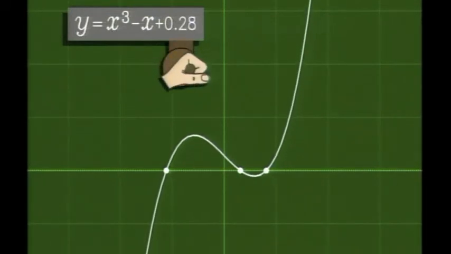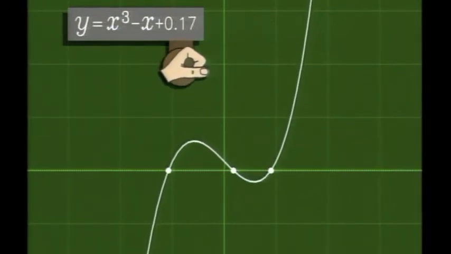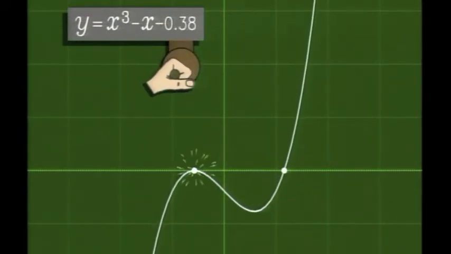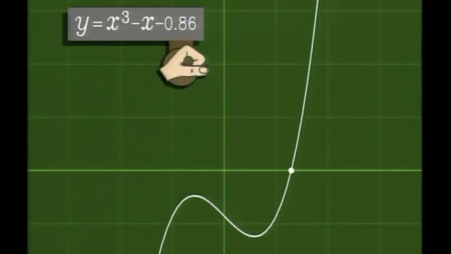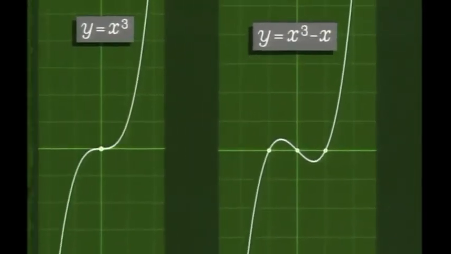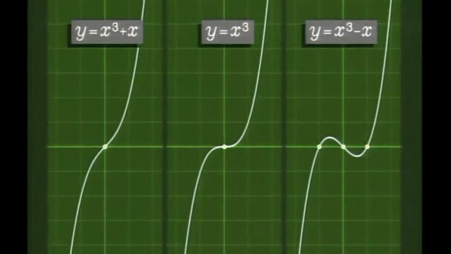Adding a constant doesn't change the shape, but it can change the number of zeros from 3 to 2 to 1. These 3 examples, y equals x cubed plus x, y equals x cubed, and y equals x cubed minus x, can be regarded as the prototypes of all cubic curves.